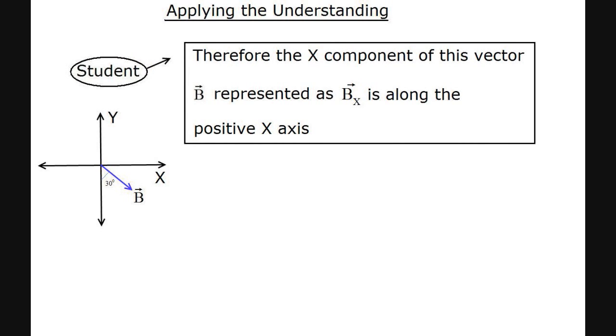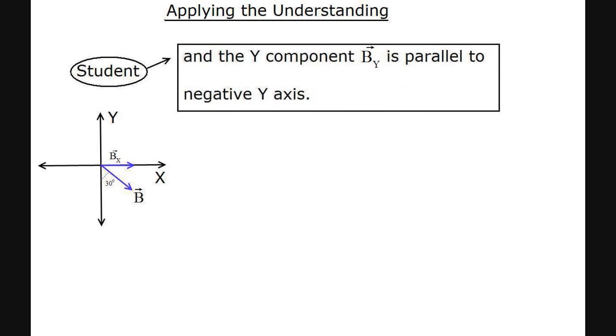Therefore, the x component of the vector B bar, represented as bx bar, is along the positive x-axis. And the y component, by bar, is parallel to the negative y-axis.